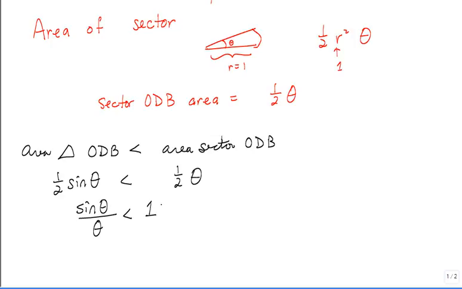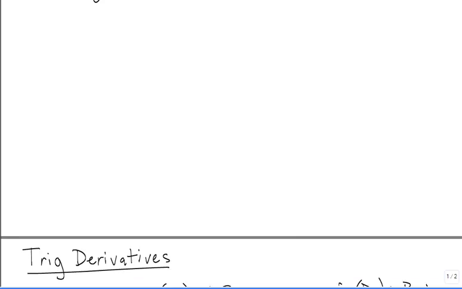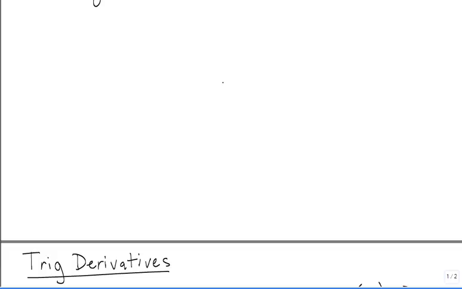Okay, so that's our first hypothesis. All right, if we look at this triangle OAB, then tangent theta is y over OA.